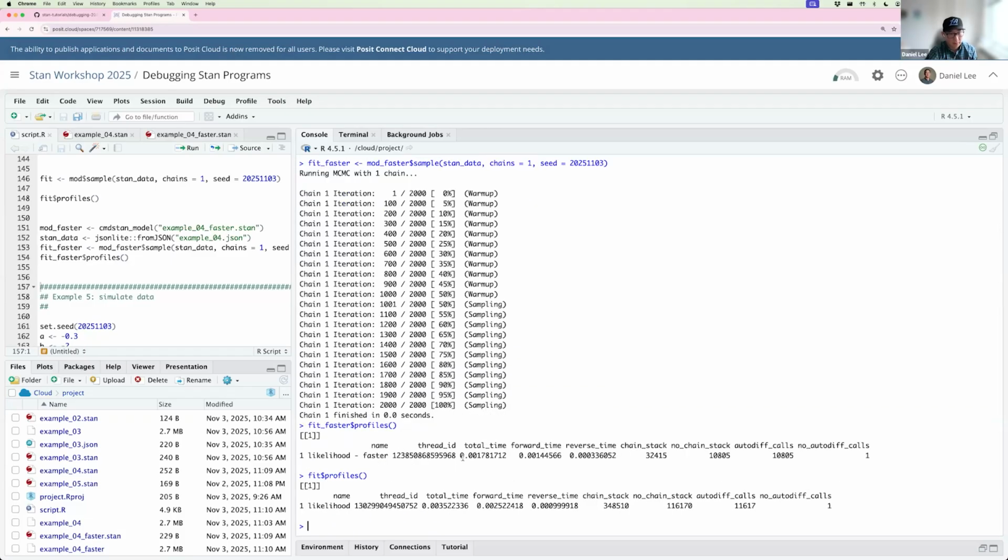So now how much faster are we going? It's about twice as fast.